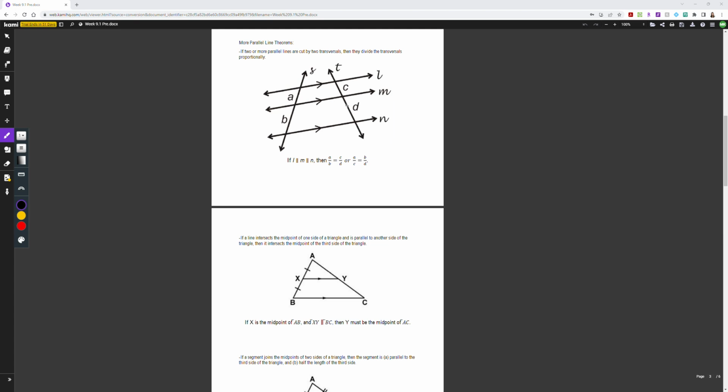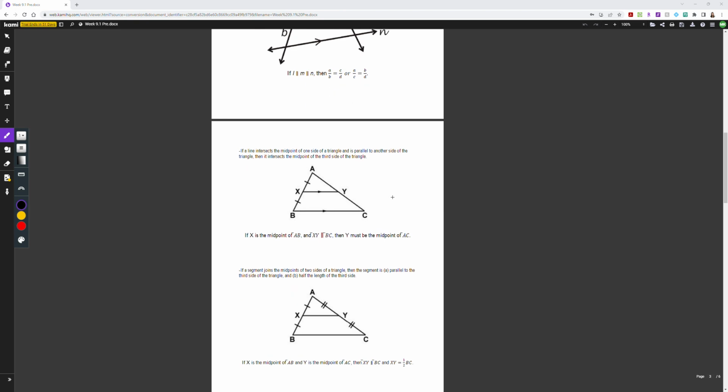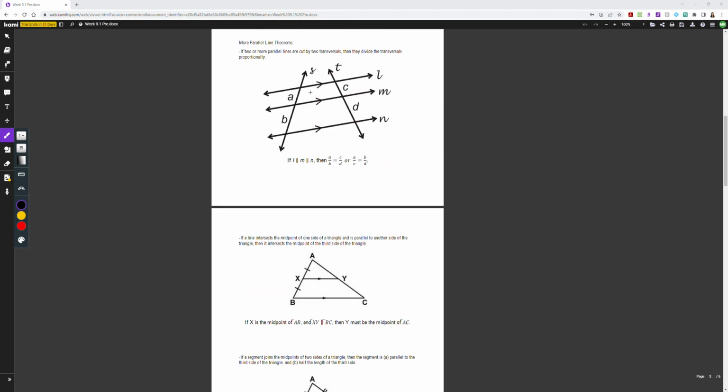Their ratios would be the same. Or we could also say that A over C would equal B over D. This is really handy because of a few questions that we will see in the deep dive lesson.